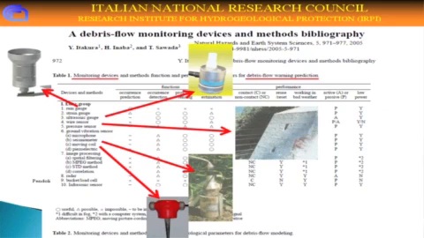Here you can see a table that was published by a Japanese researcher back in 2005, Yasumasa Itakura, who is a good friend and worked with us in the Moscardo Torrent several years ago. It summarizes the main devices employed for the monitoring of debris flows.